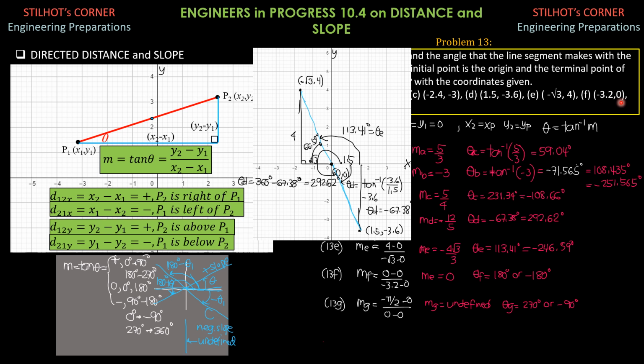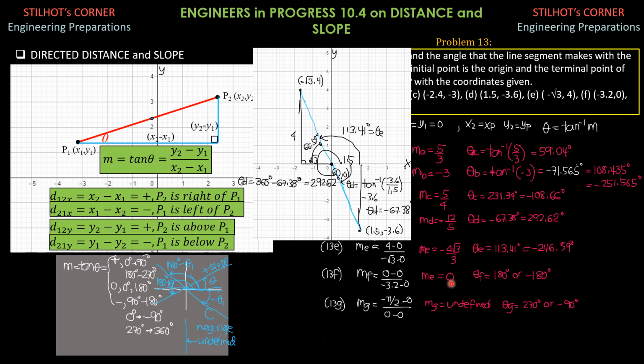F, it is 0 over negative 3.2, so 0, but this point is on the negative x-axis, so it's here. So the angle in that direction from the positive x-axis is 180 degrees, but it will give a 0 if you just rely on your calculator.